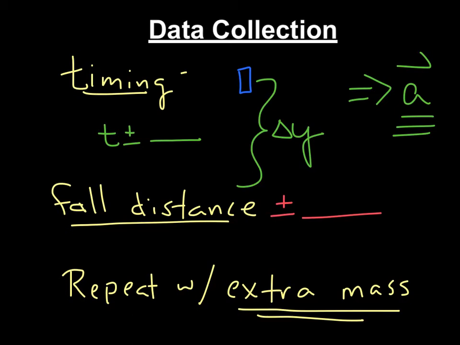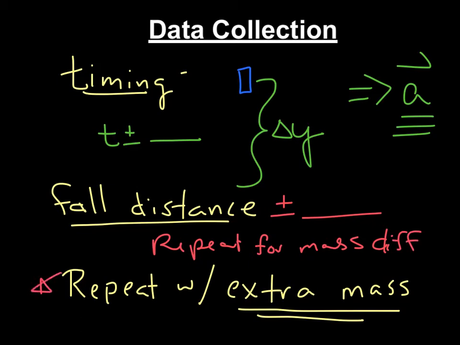After you do this, timing all your sets, repeat for all your masses, repeat for mass differences. Then you'll repeat and add the extra masses we've provided. So you'll wind up with 2 graphs: one graph for your original masses and one with the extra masses provided.